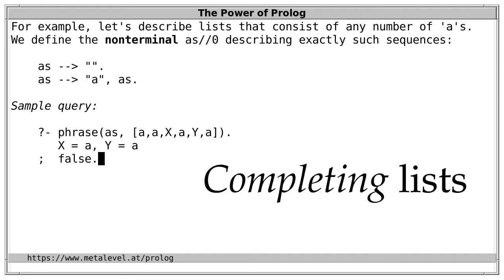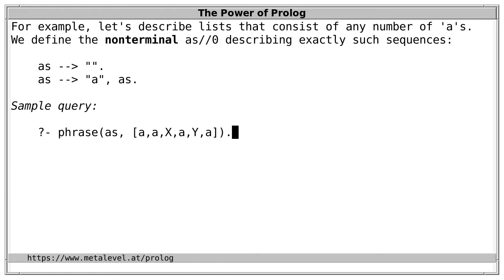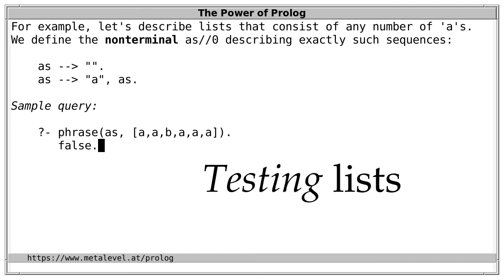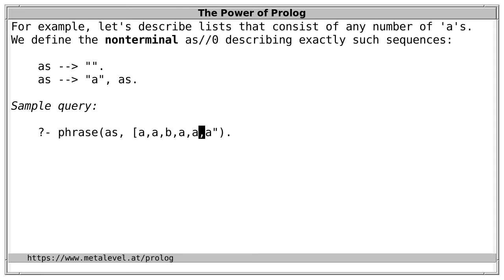So we can use the same definition to complete lists, in the sense that now everything is known about the list, whereas in the query, 2 elements were not known. And we can make the query even more specific by asking, does this fully known list manifest such a sequence? And Prolog answers, no, that's not what the non-terminal describes. So we can use the same definition to test whether a concrete list is a solution. And we can, of course, write concrete strings more compactly by using double quotes.